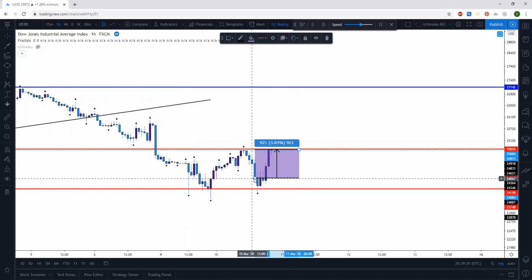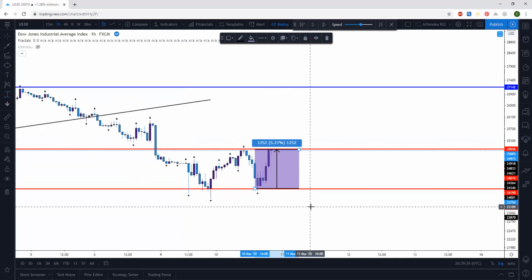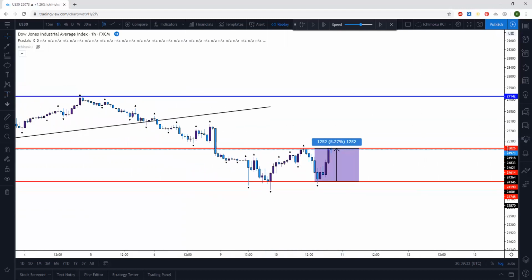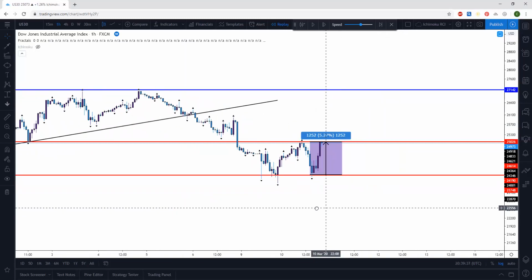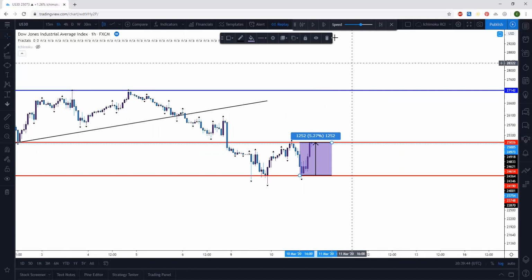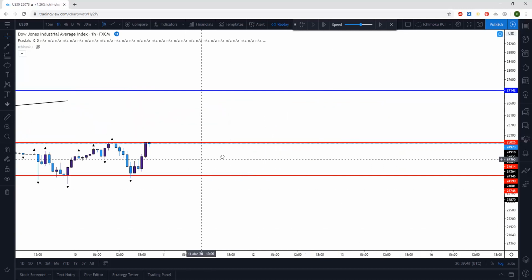This is our playing range right here. See that? So if you're gonna trade US 30, I suggest you don't trade it in a range unless you really know what you're doing, or if you know how to trade a range at all. But that's the range that we have right there.